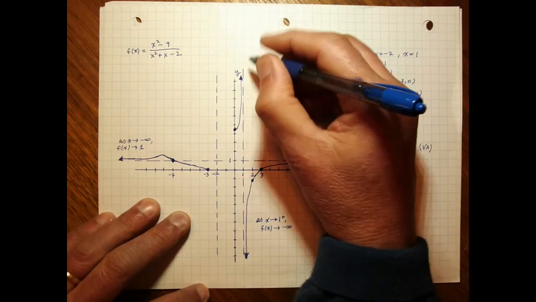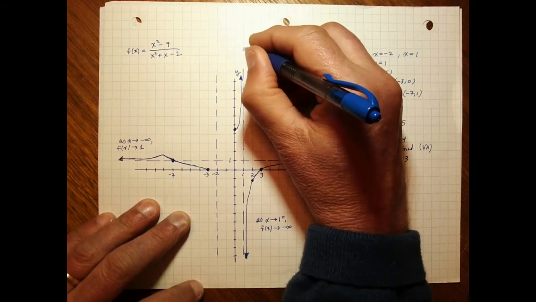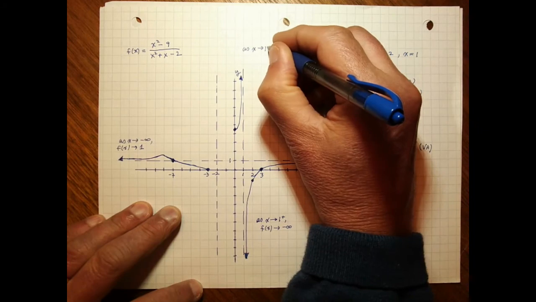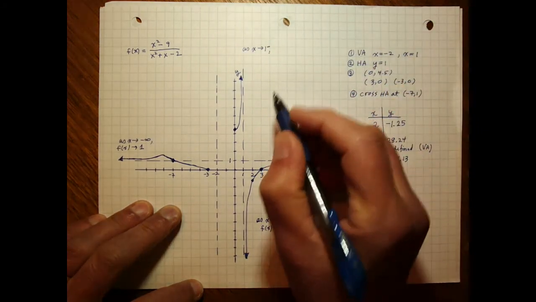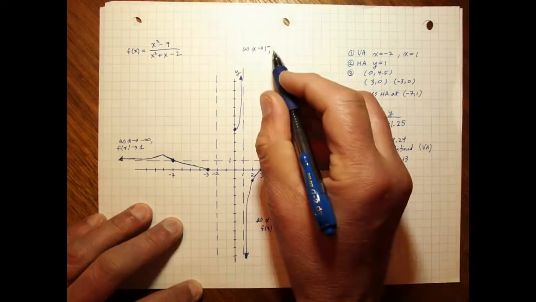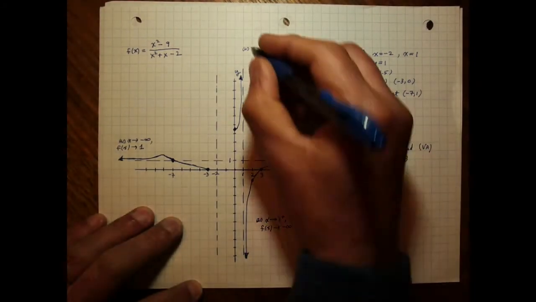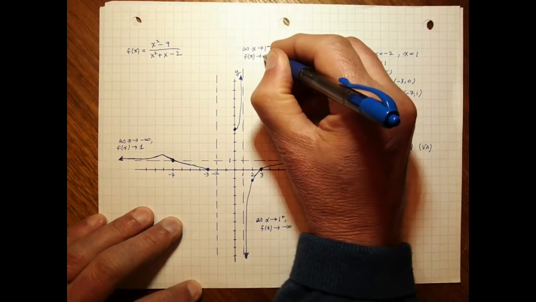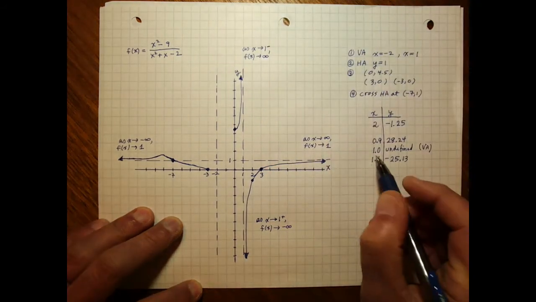This shape right here, I would say as x approaches 1 from the left, minus sign means slightly smaller than 1, like that 0.9, f of x is approaching infinity. It will get very large.